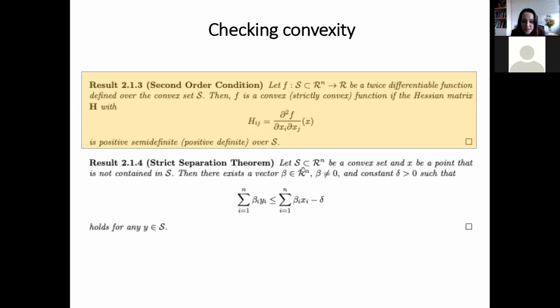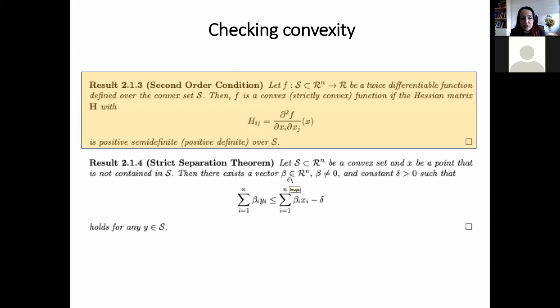So suppose S is our convex set in Rn, and suppose x is a point that is not in S. So there is x that is outside of the set S. The separation theorem says that you can find a separation between x and y in the following way.